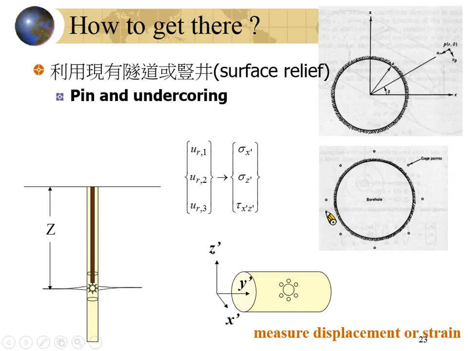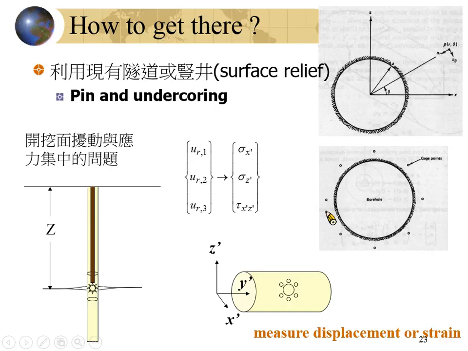If you measure the stress here and measure the stress here, then you will have two equations to help you solve for the real in-situ stress. Okay? So you are not really trying to understand the sigma theta. You're trying to know the sigma xx and sigma yy. You need to back calculate it. Okay, for this kind of technology, we call it the relief method.